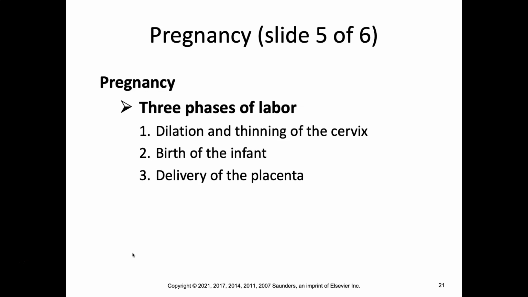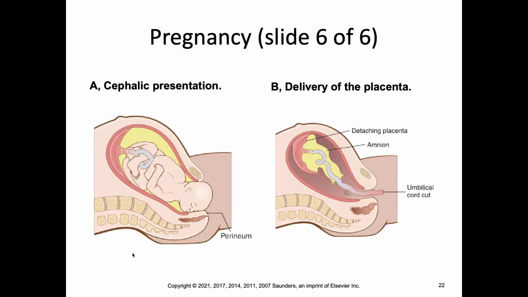But really, the 3 phases from a medical terminology perspective are dilation and thinning of the cervix, the birth of the infant, and delivery of the placenta. So this is a visual of the baby being born, cephalic presentation, and then the delivery of the placenta afterwards. The placenta detaches and comes out and needs to come out.